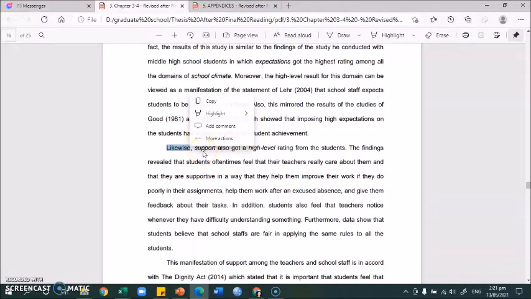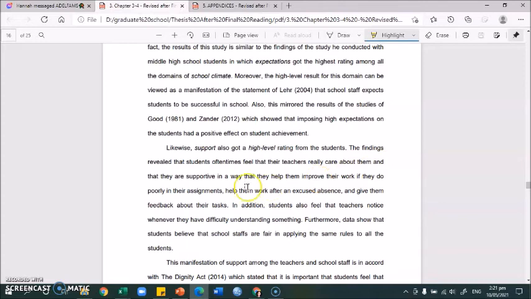Likewise, or transition words. Okay. So, likewise, support also got a high-level rating from the students. The findings revealed, so therefore it tells us na galing ito sa results. The findings revealed that students oftentimes, ito yung ibig sabihin ng high level. Okay? High level.